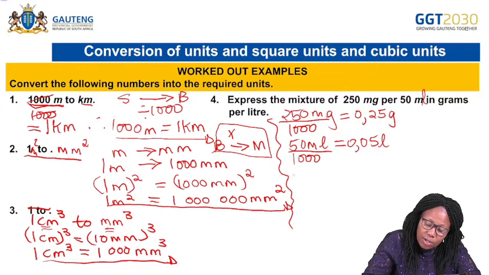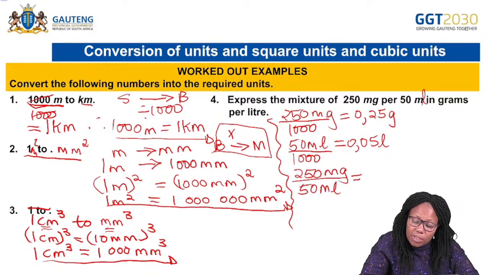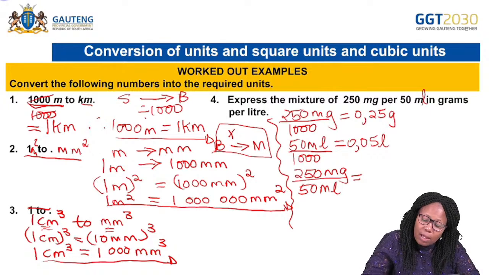Remember, initially they were saying convert 250 milligrams over the 50 milliliters into grams and per liter now. So the milligrams to grams is 0.25 grams divided by the liters, which is 0.05 liter.